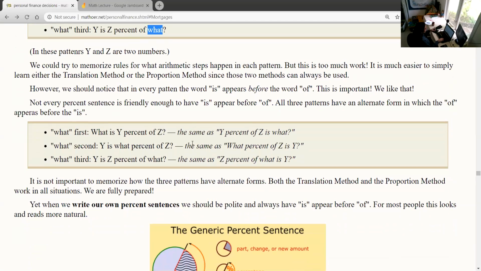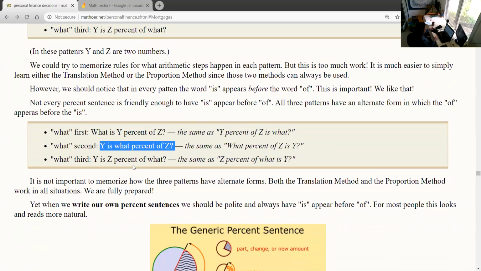But the patterns are important because the way English is flexible, I can always rewrite things to have the what come first, the is come second, and the of come third. If somebody gives me a different way of asking it, I can rephrase it in that order. So here's the awkward English.